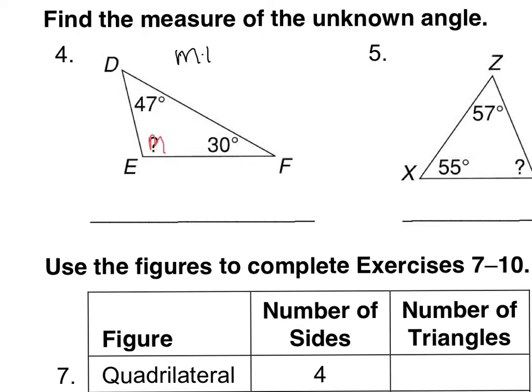Angle M plus 47 degrees plus 30 degrees is equal to 180 degrees. All triangles have 180 degrees, so I know that all three angles have to add up to 180. I'm going to add my like terms together. M plus 77 degrees equals 180.